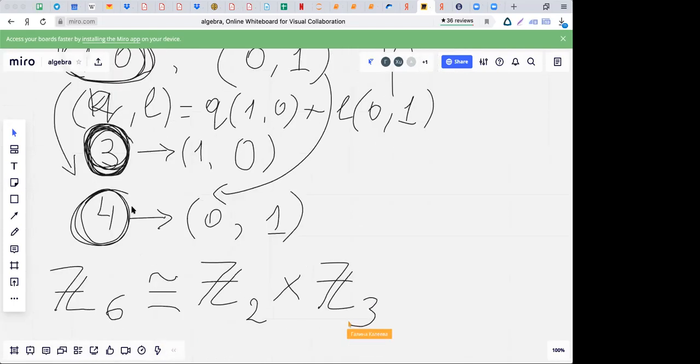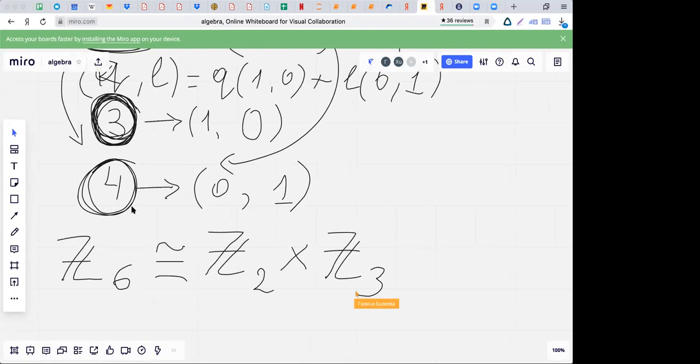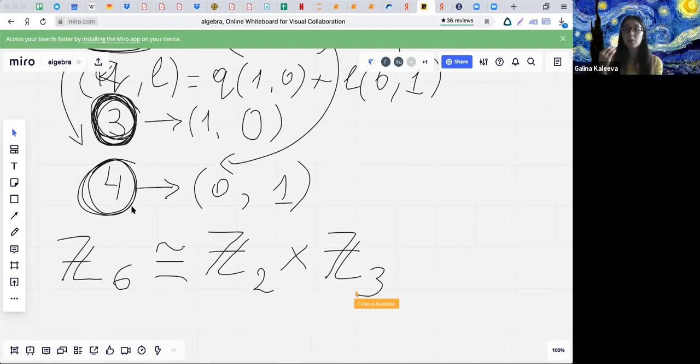Because we constructed the homomorphism phi, which moves k to this string of remainders. We already know it is a homomorphism, and this homomorphism is bijective because we've already found the inverse homomorphism, which works like that.